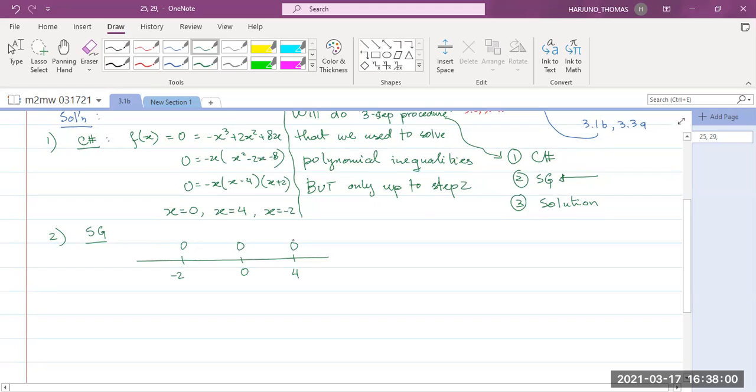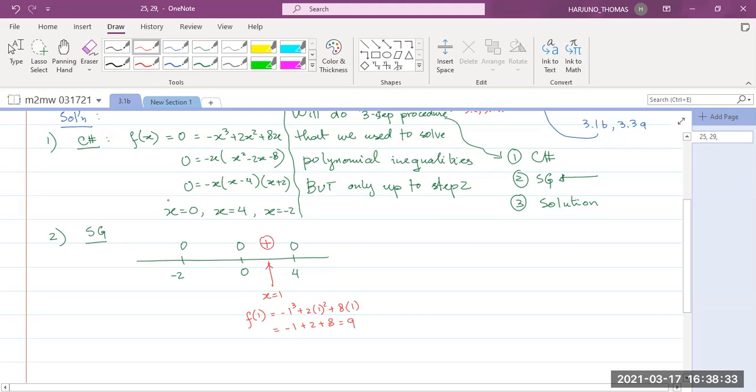And now we do a testing point. When x equals 1, for example, what happens to f(1)? f(1) is negative 1 cubed plus 2 times 1 squared plus 8 times 1. That will be negative 1 plus 2 plus 8, that's positive 9. That's positive here.